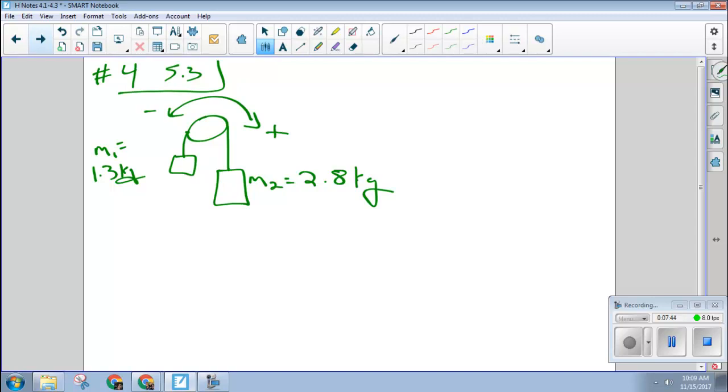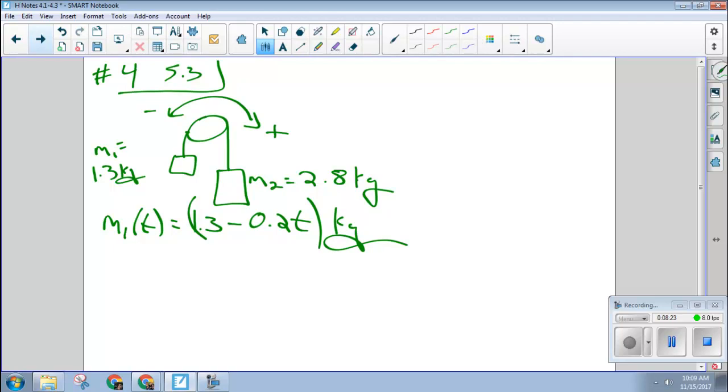Now, what makes this problem challenging is that the mass of block 1 is changing, because water is falling out of it. At time t equals 0, it has a mass of 1.3, but container 1 is losing mass through a leak at a constant rate of 0.2 kilograms per second. So the mass of 1 at time t is 1.3 minus 0.2t kilograms.